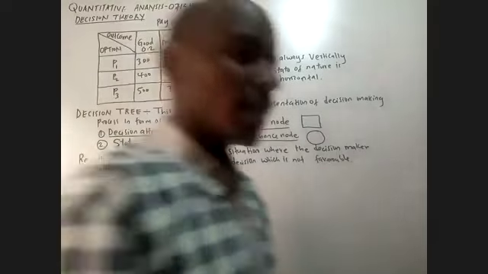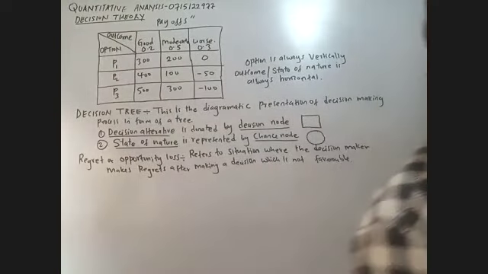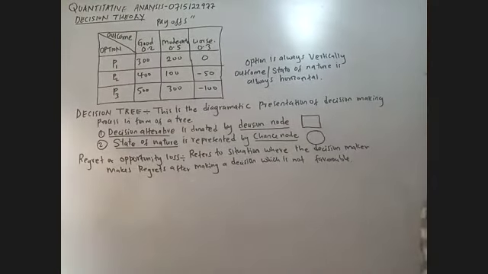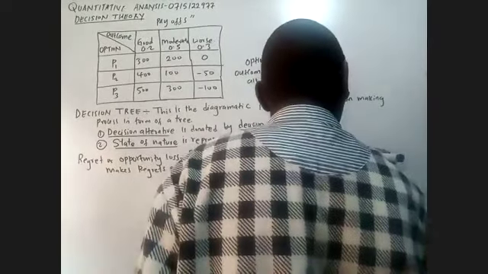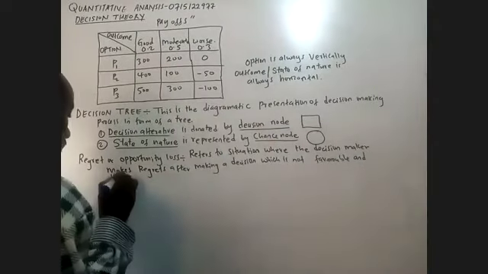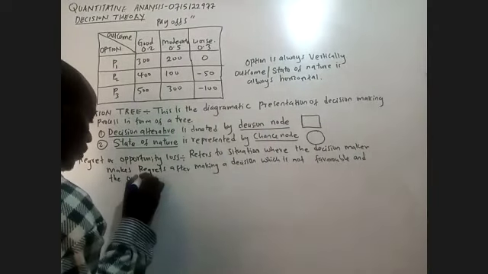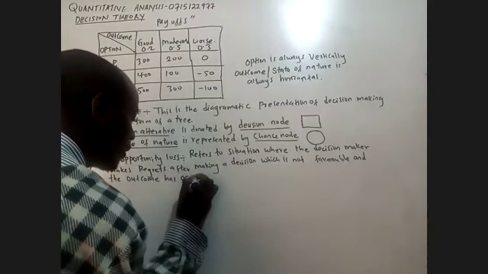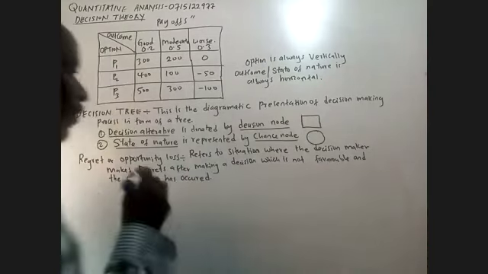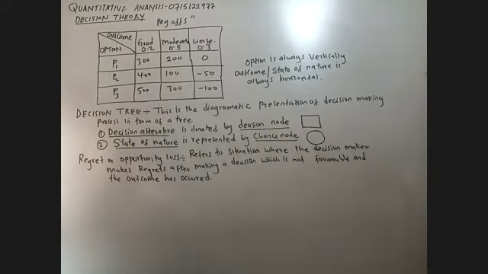A decision maker chose a particular decision, but when the outcome has occurred, it turns out not favorable.